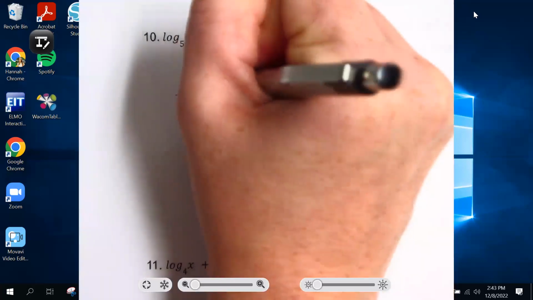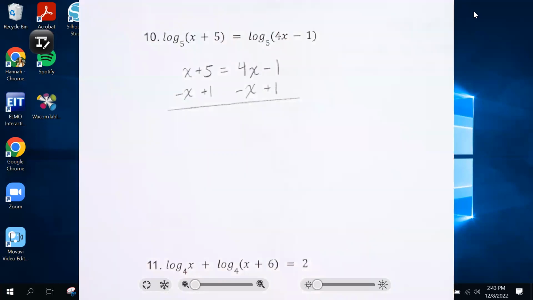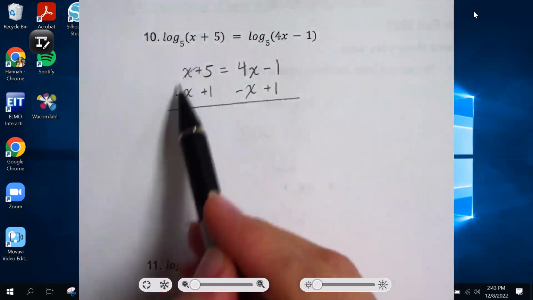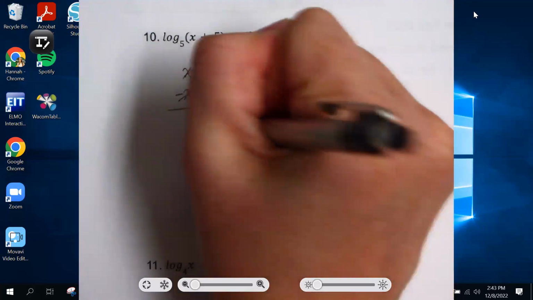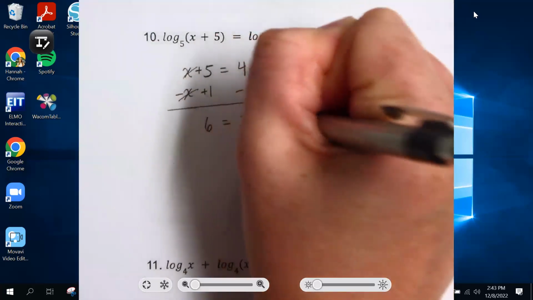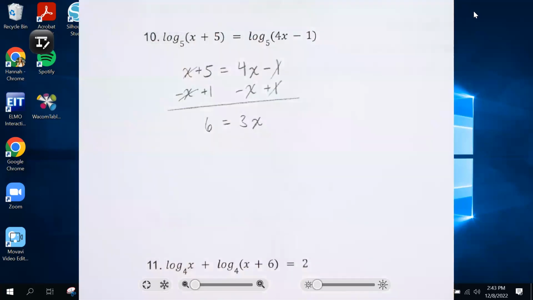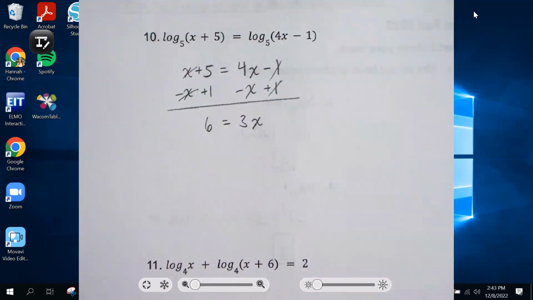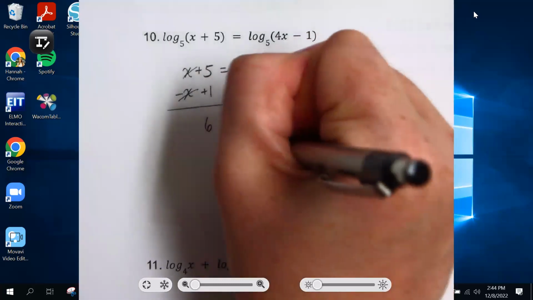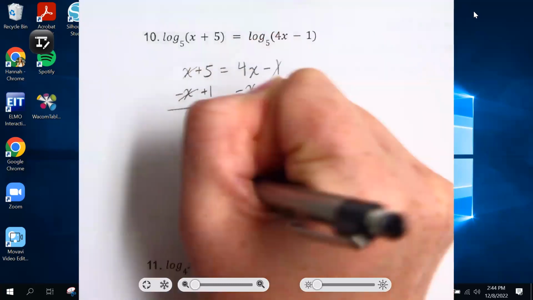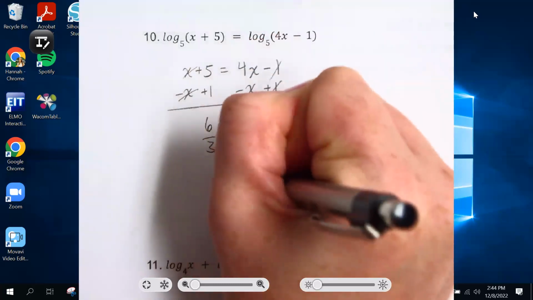I'm also going to add 1 to both sides in the same step. So that gives me 6 equals 3x. Now I just have to divide both sides by 3 to get x by itself. So we get x equals 2.